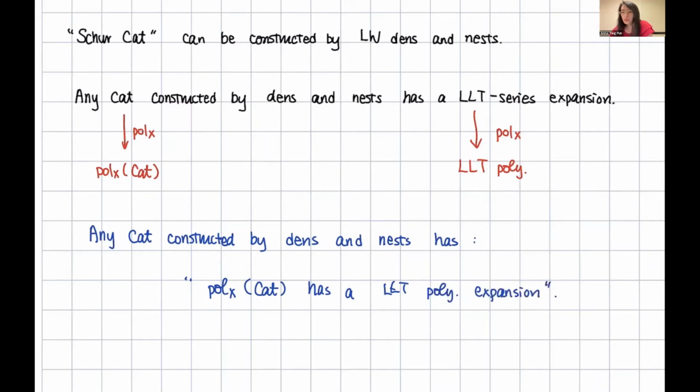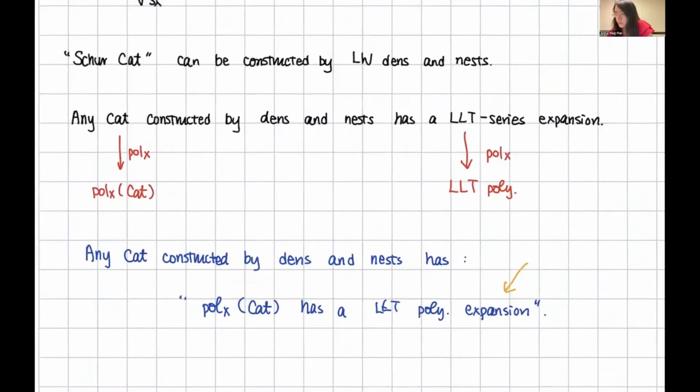Okay, so this is our main theorem of the whole paper. And then Loehr Warrington is just a special case of these cats because they are created by some dense and nest. So that is like the whole proof. If we can describe what these are, then we are all set. Okay, so that's the general idea.